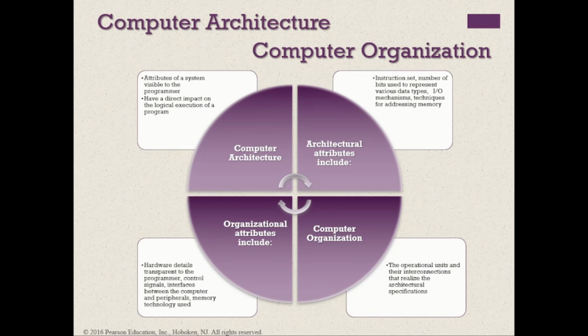Historically and still today, the distinction between architecture and organization has been an important one. Many computer manufacturers offer a family of computer models, all with the same architecture, but with differences in organization. It is evident if you're in malls, we have these laptops, they are all the same family models, but why do these prices vary? We have a more expensive laptop than a more affordable laptop. Consequently, the different models in the family have different price and performance characteristics.